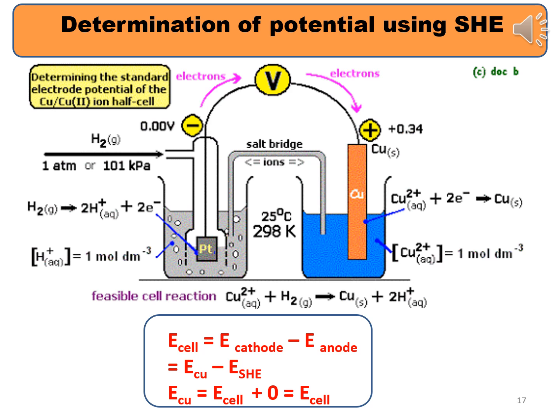So E cell is equal to E cathode minus E anode, where E cathode is the copper electrode and E anode is the standard hydrogen electrode whose potential is taken as 0. So the potential of the copper electrode is equal to E cell plus 0, where the E cell value we can obtain from the voltmeter reading.